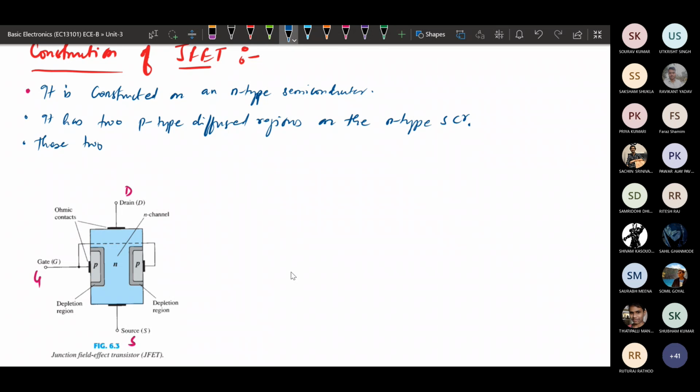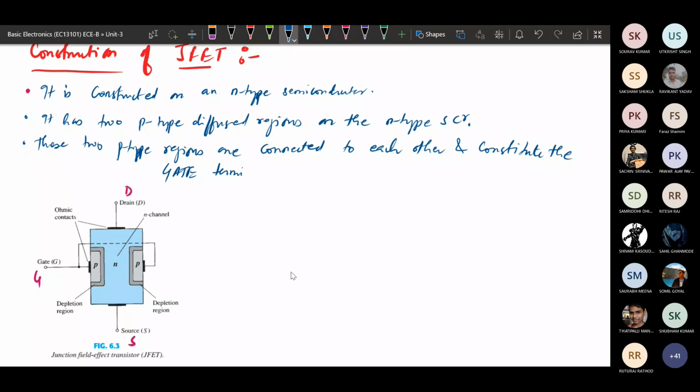These two p-type regions are connected to each other, and they constitute the gate terminal.